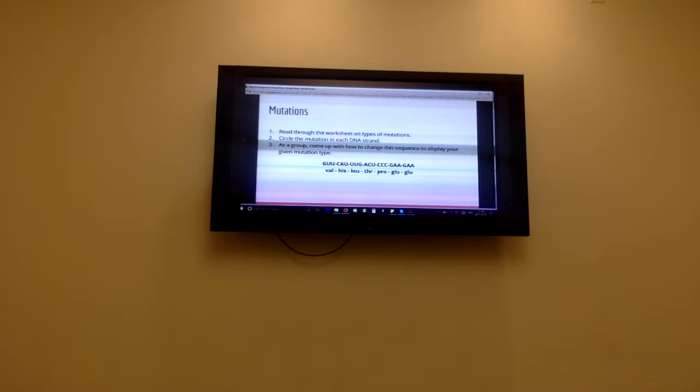Is it clear? So how do you find the mutation? So you need to compare the original DNA sequence that's in the top of the box. Oh, okay. Oh, sorry, yeah. So please compare the original DNA sequence that's at the top in the box to the mutated DNA sequence that is given in the different examples below. You're just circling the nucleotide that makes a difference.